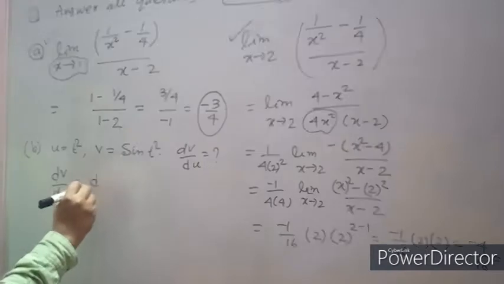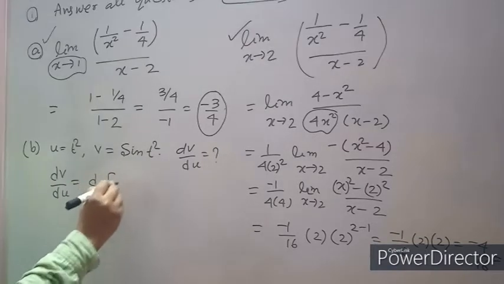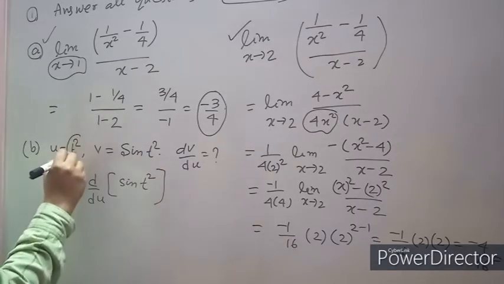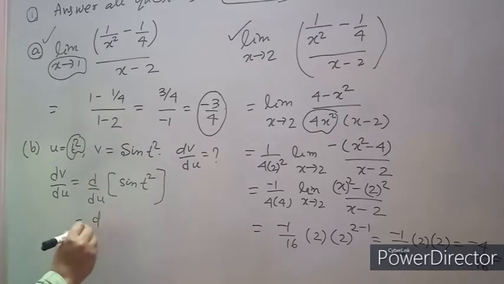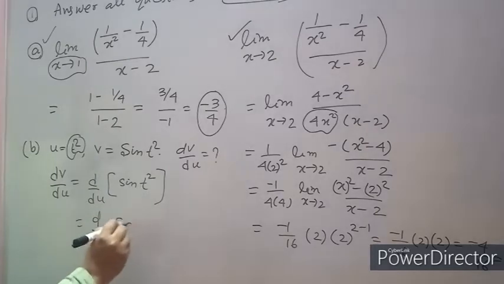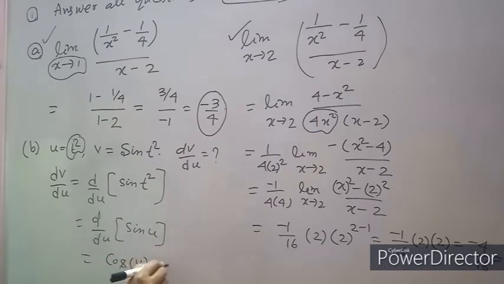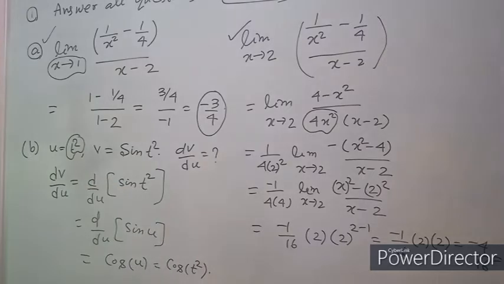That will be d by du of v. v is nothing but sin t square. But what is t square? t square is u. So this is d by du of sin u. So the derivative becomes cosine of u. The value of u is t square, so this is cosine of t square.